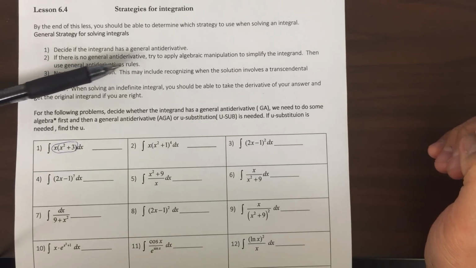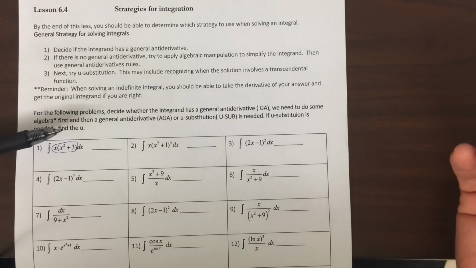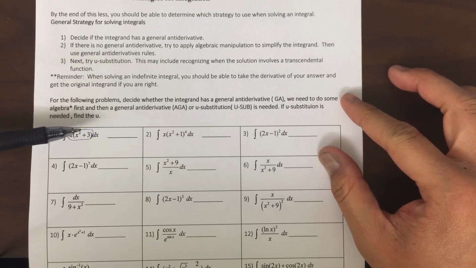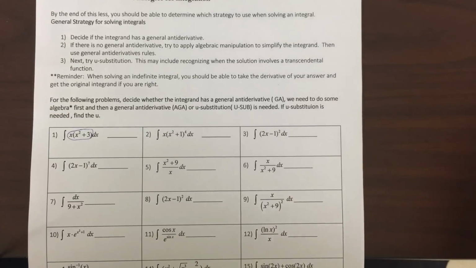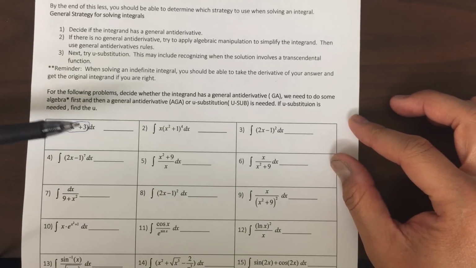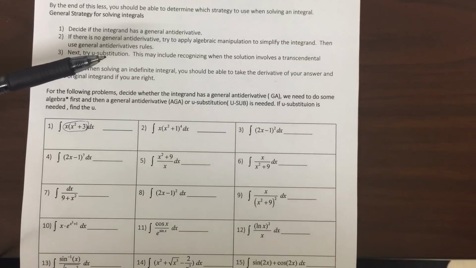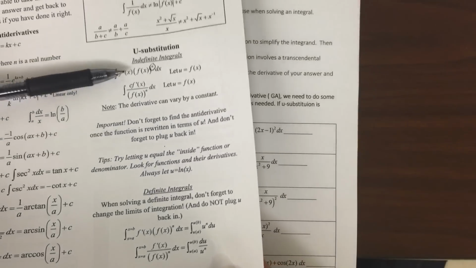If there's no general antiderivative, then maybe you have to do some algebraic manipulation, like distributing the x, and then the antiderivative will be obvious. Now, when none of those are the cases, then you try U sub. And remember, U sub means that you need to look and see that it's a product of two functions.